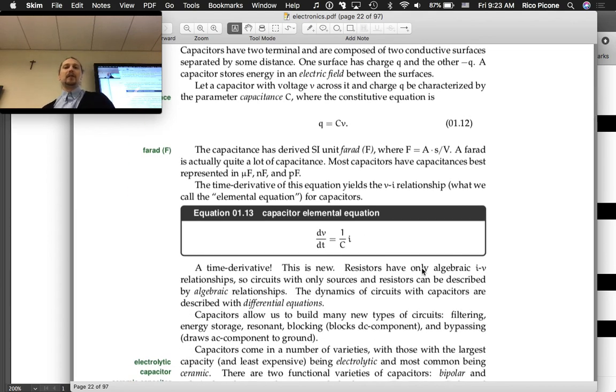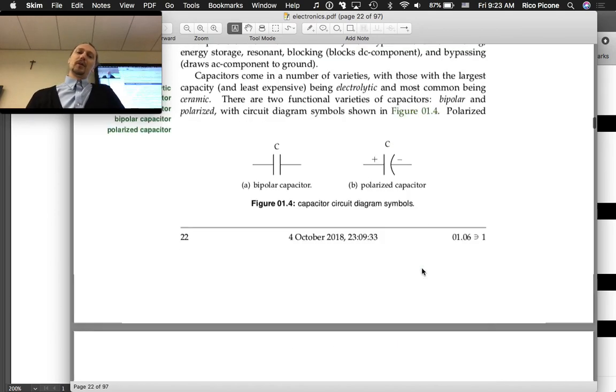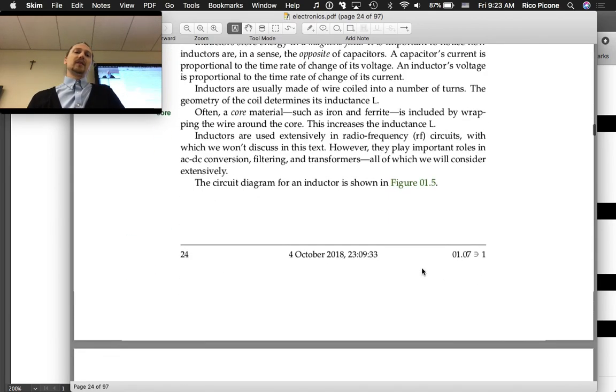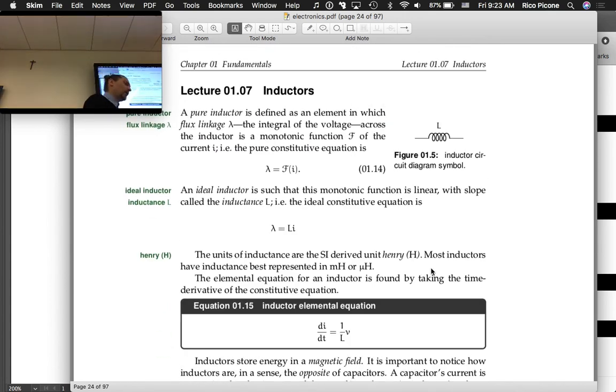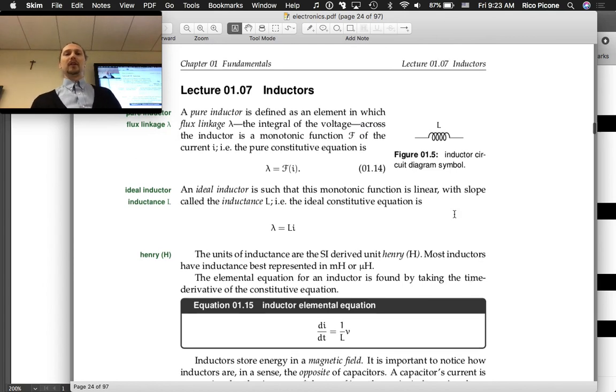Capacitors are where we first learned about differential equations coming into these dynamic system models. Resistor elemental equations are algebraic, and Kirchhoff's current and voltage laws, KCL and KVL, are both algebraic. It wasn't until we introduced the capacitor that we started to get differential equations, which we could then solve from the circuit analysis. We also introduced inductors, which also have a derivative in them, so more differential equations.